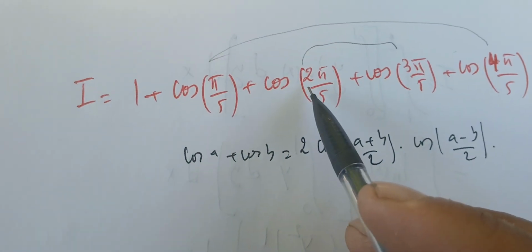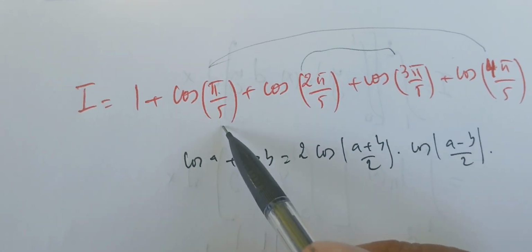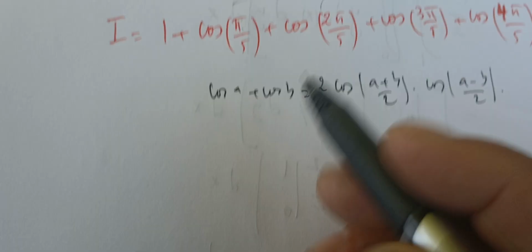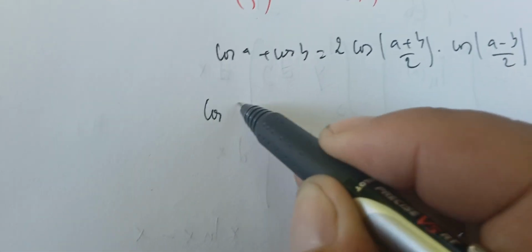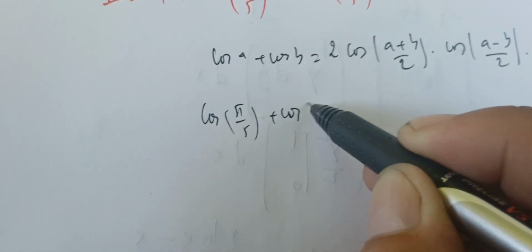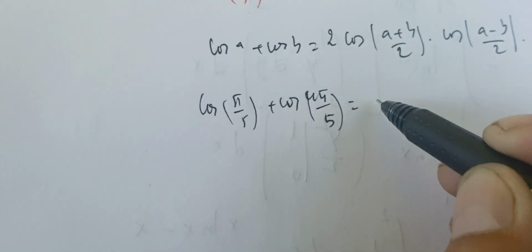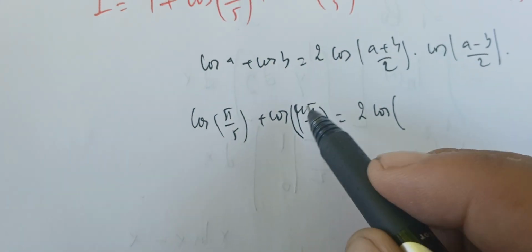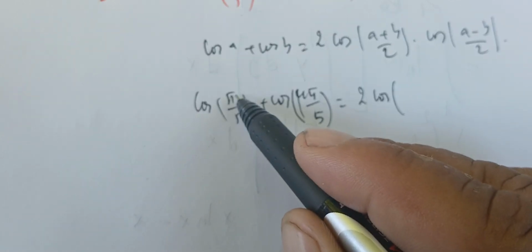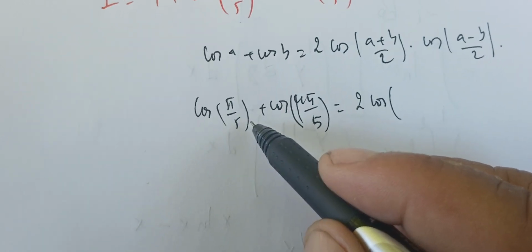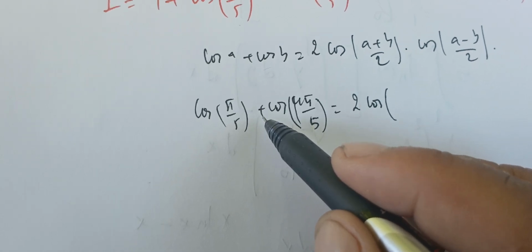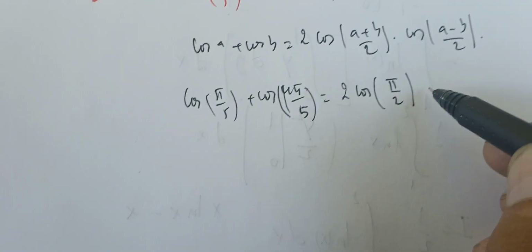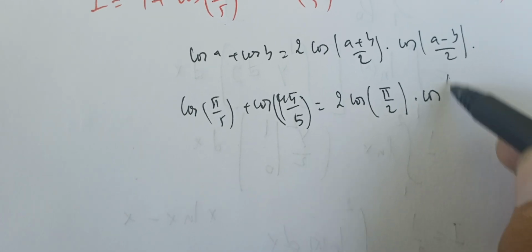First, if we choose A to be pi over 5 and B 4 pi over 5, and we apply this result, we see that cosine of pi over 5 plus the cosine of 4 pi over 5 is 2 cosine of (4 pi over 5 plus pi over 5), which is pi, divided by 2, we get pi over 2, times the cosine of this one here.